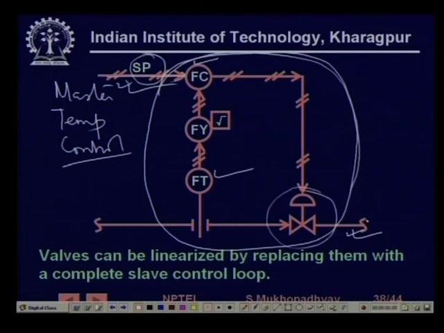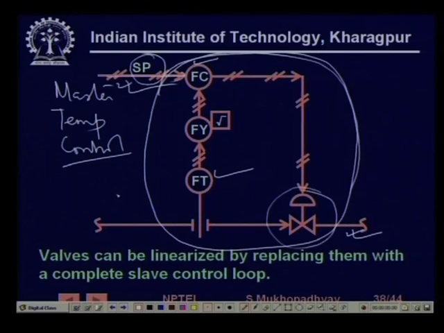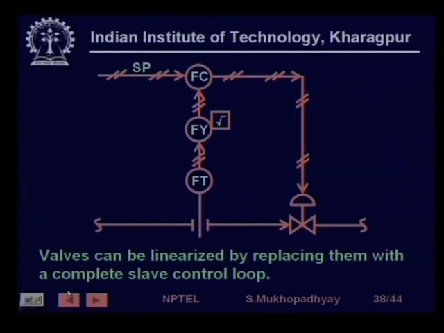It may not be absolutely linear in a mathematical sense, but it is much more linear, and that makes it much easier to design and ensure that the characteristic of the temperature control loop remains uniformly good over the whole region of operation. So, many times we set up this kind of loop.